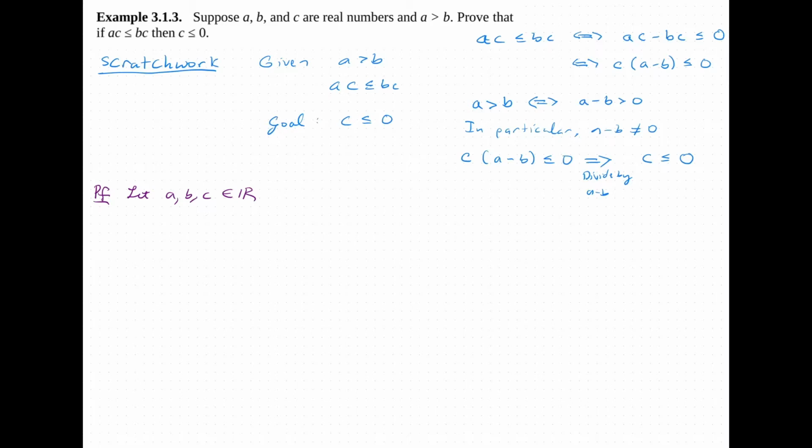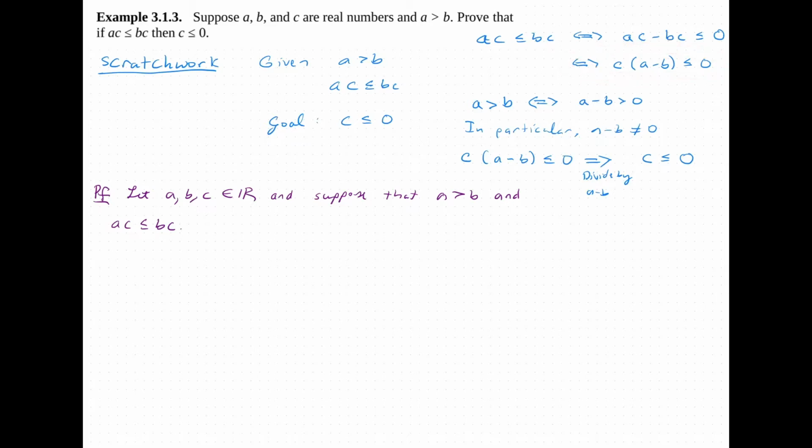And suppose that A is greater than B, and A times C is less than or equal to B times C. Now, we want to guide the reader through the scratch work we did up here.